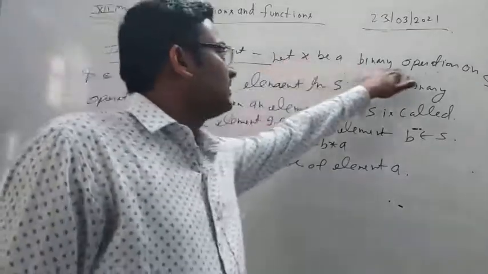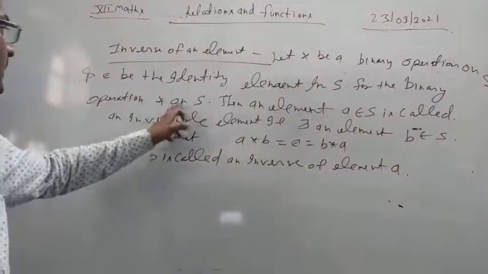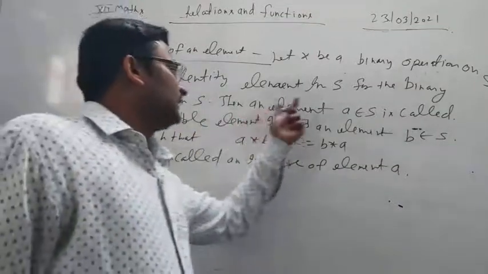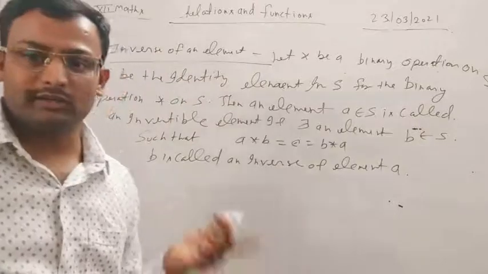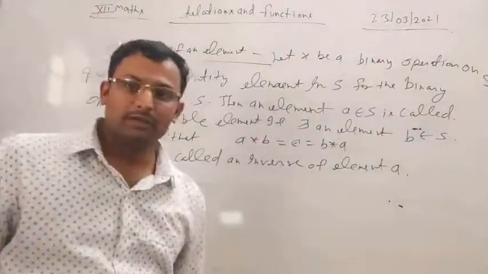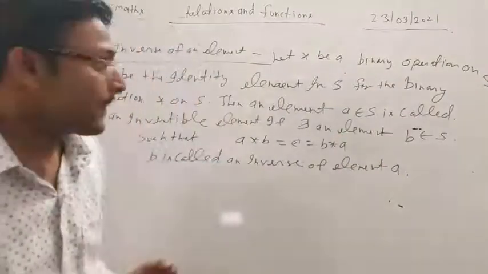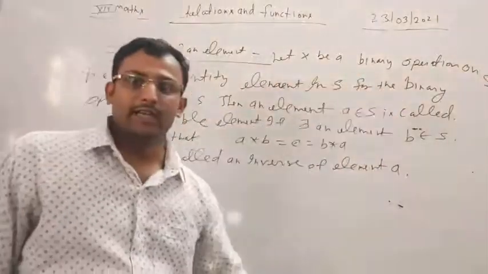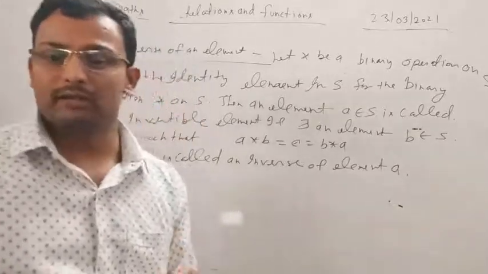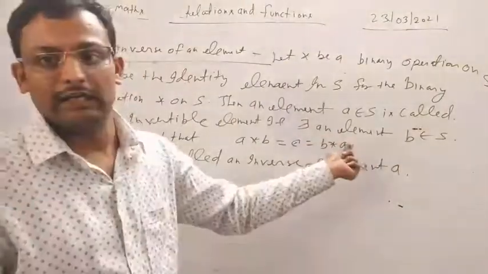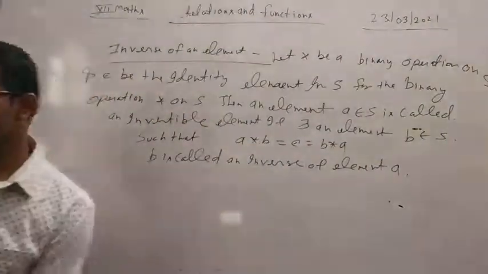Let star be a binary operation on S and E be the identity element in S for the binary operation star on S. Then an element A belongs to S is called an invertible element if there exists another element B which also belongs to S such that A star B is equal to E is equal to B star A. Then this B is called the inverse of A. Okay students, if star be a binary operation on S, then an element A belong to S is said to be invertible if there exists another element B belong to S such that A star B is equal to identity and this is equal to B star A, then this B is called the inverse of A. Okay students, I hope you understand.